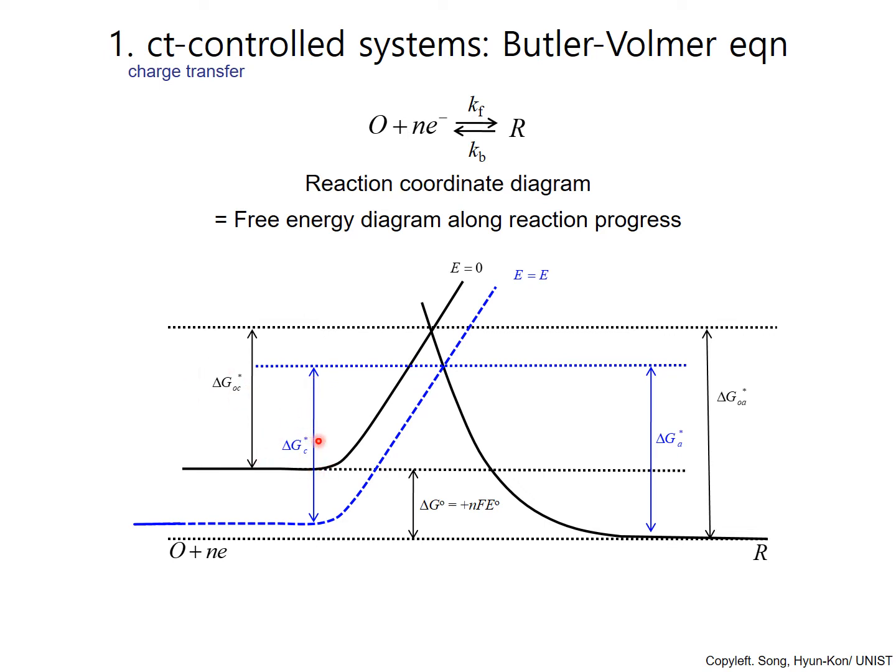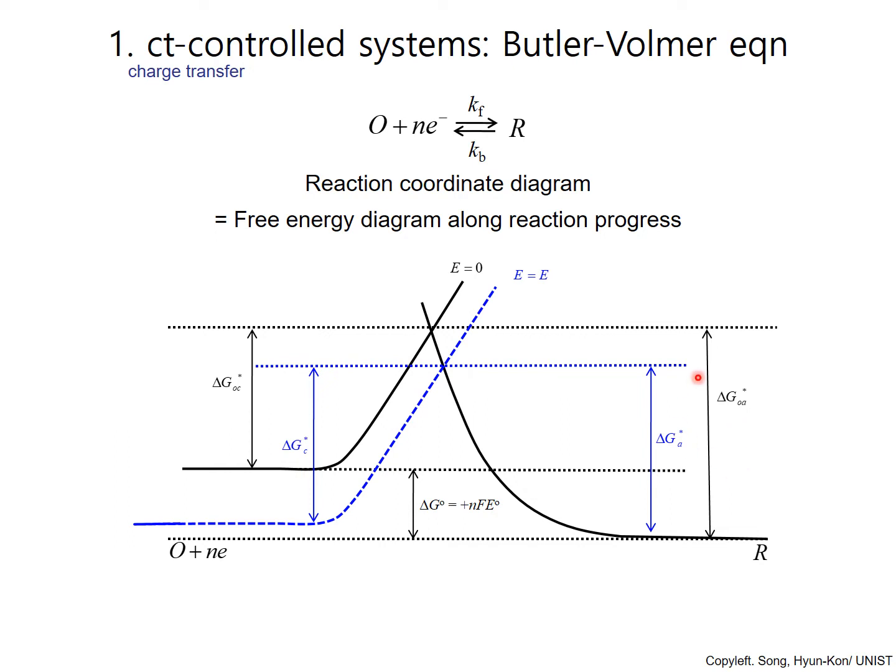Let me define the activation energy as the delta G star without O of the cathodic process. So this value is going to the other value. It looks similar, but something changes. The change is found clearly when you look at the backward reaction, in this case, the oxidation process.